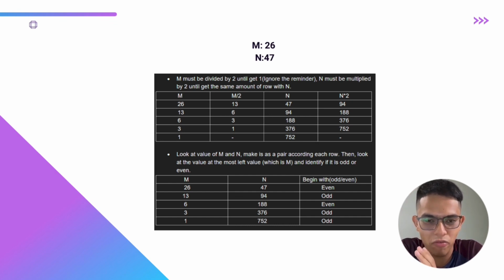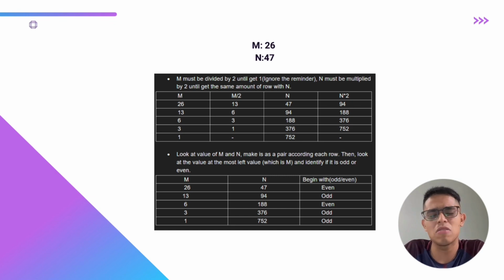For the first pair of the row that we got, the M value is 26 and the N value is 47, and we look at that M value since it is the initial value, and it begins with even, so we label it as even here. The next pair of values is 13 and 94, and 13 is an odd value, so we label it as odd. And the next one is 6 and 188, and 6 is an even number, and then we label it as beginning with even.